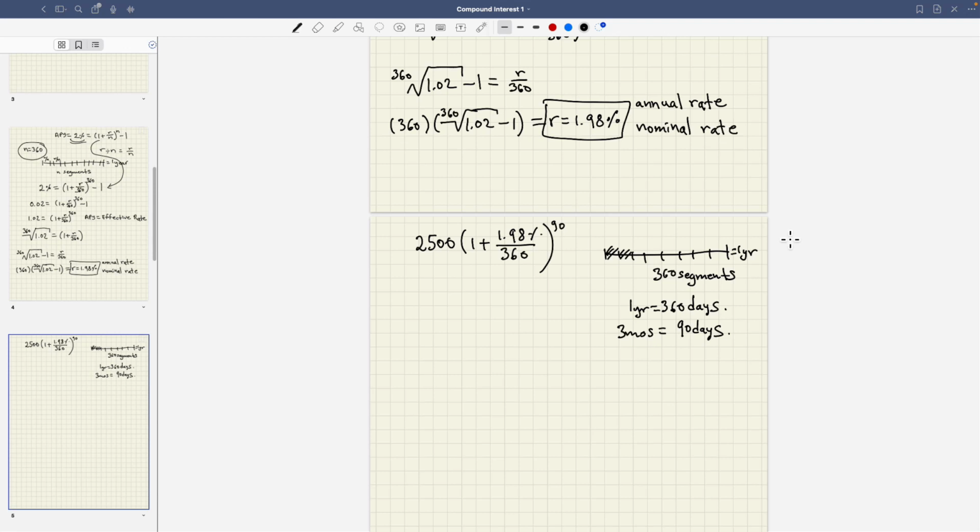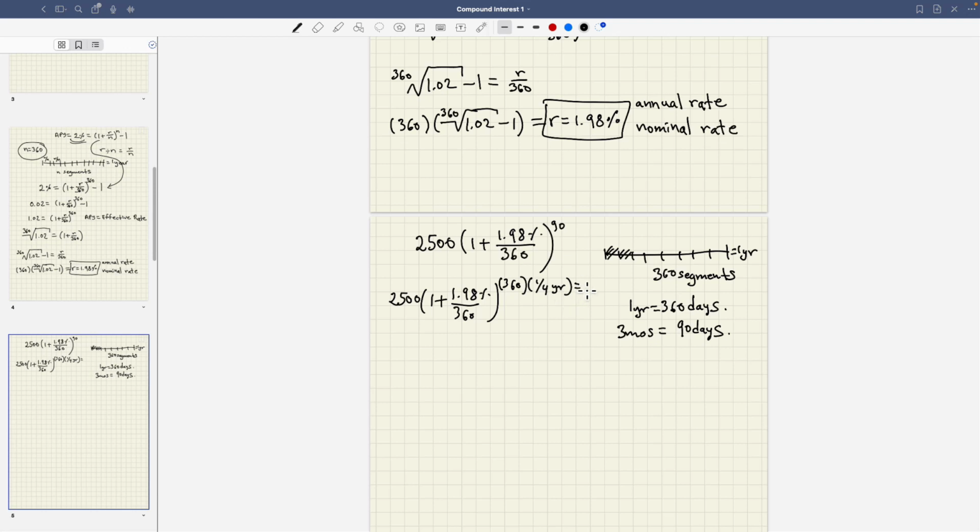Okay, and just in case too, for those of you who like to plug and chug without thinking, this is just another way to get it. It will be 1 plus 0.0198 divided by 360, to the n, where n is 360 times the number of years. How many years is 3 months? It's 1/4. So that'll be 1/4 of a year if you want to represent it in years.